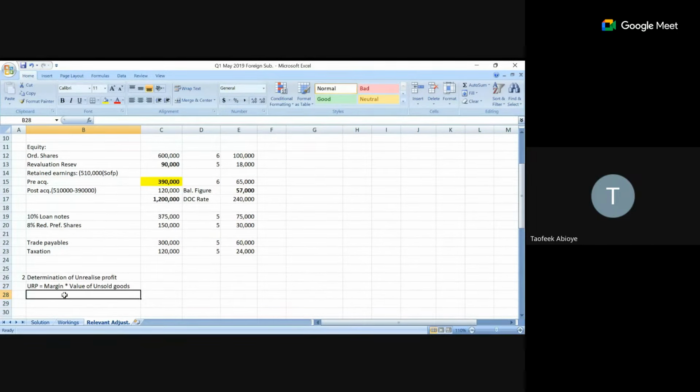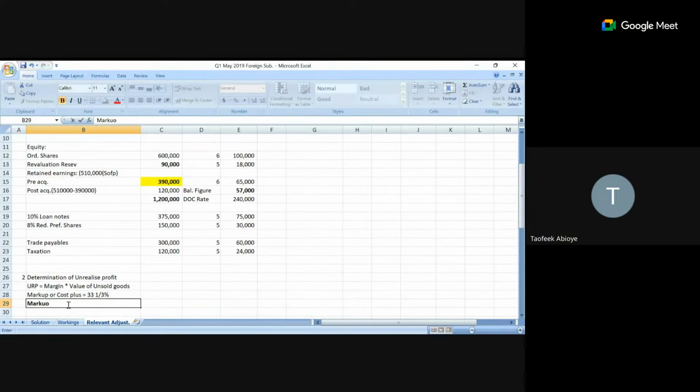Now, in this question, they give us markup, or cost plus, right? They said 33 1/3%. That is the markup they give us. Now, what does our formula say? Our formula says margin. But the examiner will always give you markup. So what are we going to do? We are going to convert markup to margin.